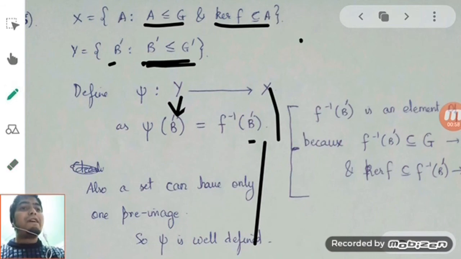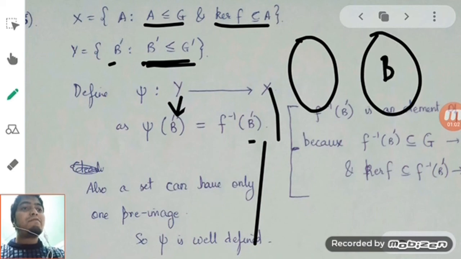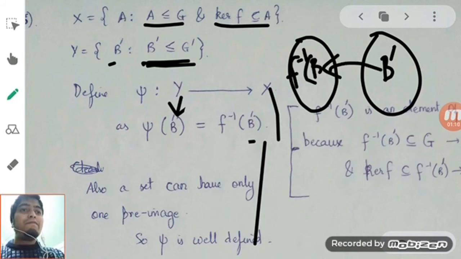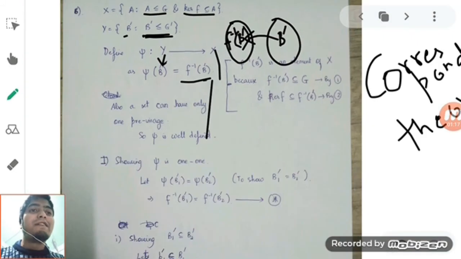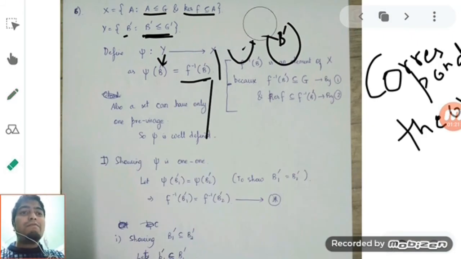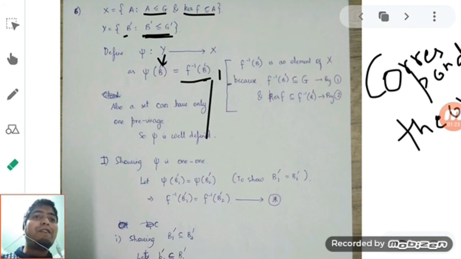That is why we take the pre-image of B dash. The pre-image of B dash will contain the kernel because of theorem 1 and theorem 2.